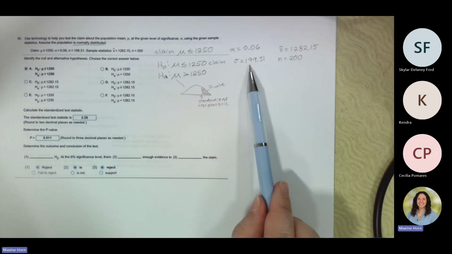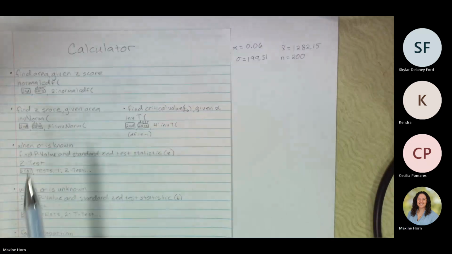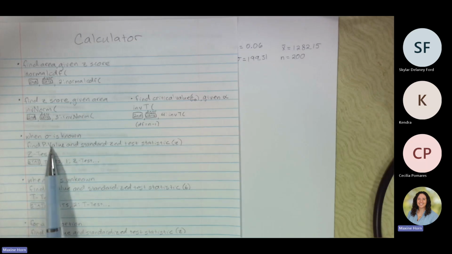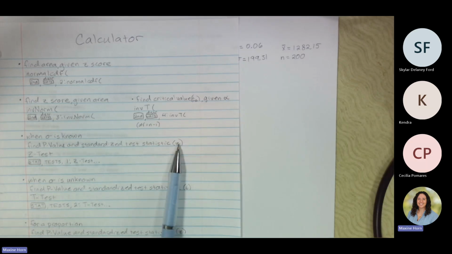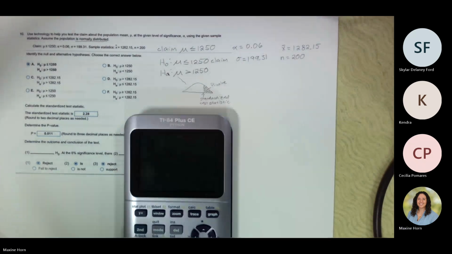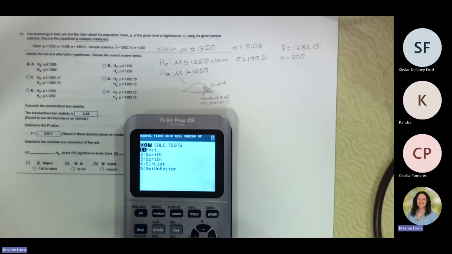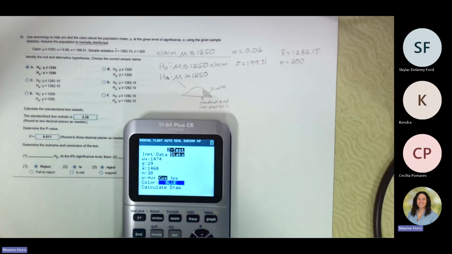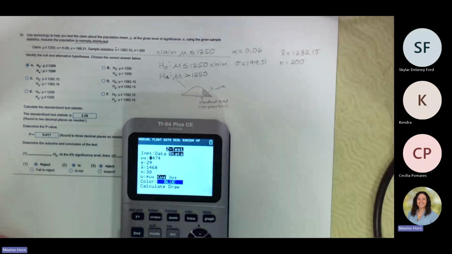So again, if we go to our calculator sheet, we were given a population standard deviation. It is known. So if we want to find our p-value and our standardized test statistic, we're going to do a z-test. We're going to go stat, tests, and the first one, z-test, and we're going to input all the information they give us. Our population mean, 1250.